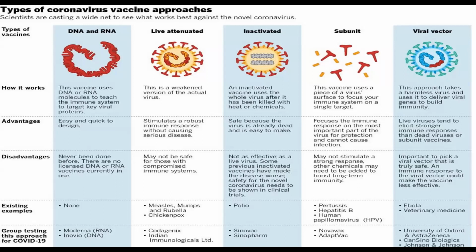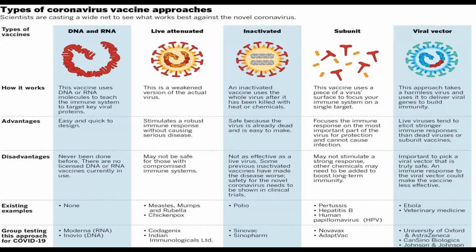So existing examples natin sa DNA is wala. Sa live attenuated natin is measles, mumps, and rubella or chickenpox. Ito yung may mga examples ng existing. Sa inactivated naman is polio. Napapansin nyo ba guys yung existing examples ng mga ito is ito yung mga binibigay nila nung na-vaccine tayo.